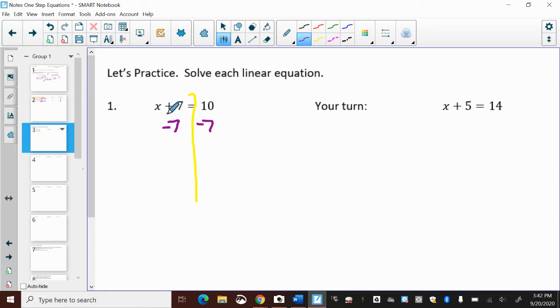Totally up to you. The plus and minus 7 will cancel, leaving us with just x. And then 10 minus 7 would get us 3. We can always check our answer by plugging the answer back in. 3 plus 7 equals 10. 10 equals 10. That is a true statement.